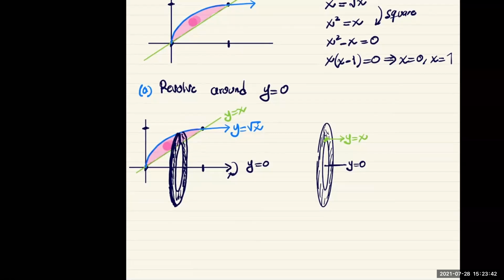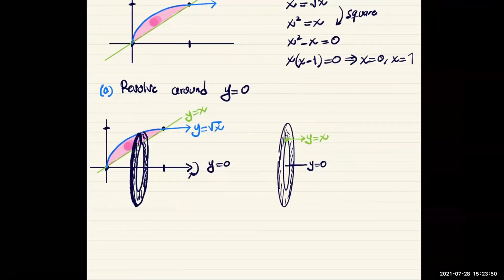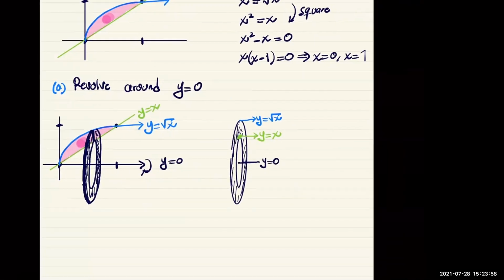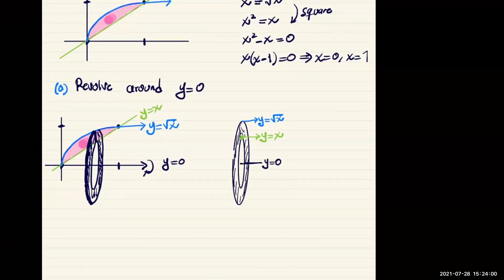Okay, so that's a point on the inner circle, and the point on the outer circle, this point falls on the graph of y equal to root x. Okay, so we can easily find those radii.